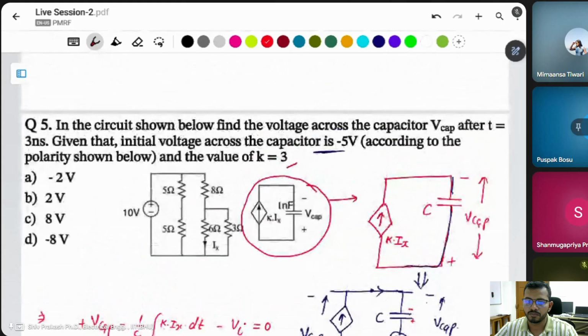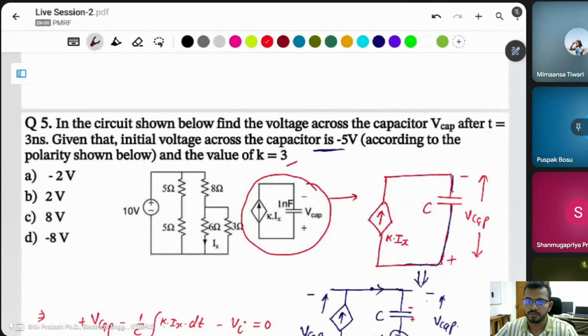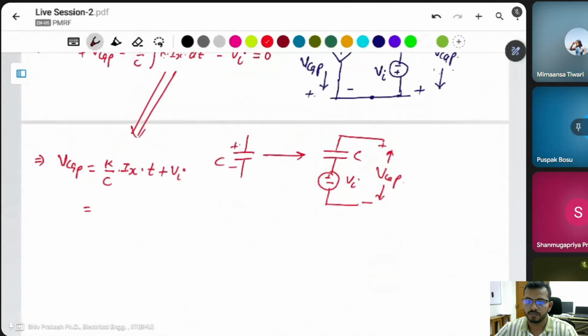The capacitor value is also given as 1 nanofarad. K is 3, time t is 3 nanoseconds, 10 to the power of minus 9.